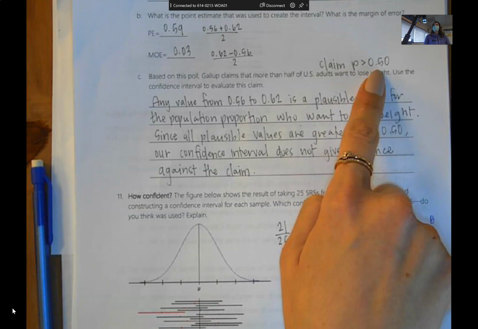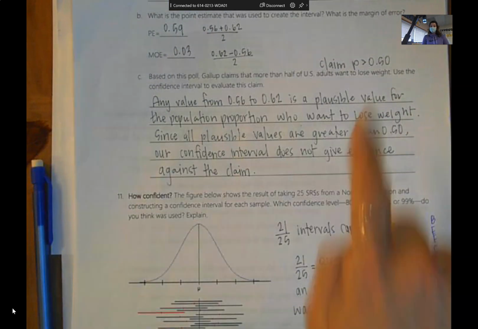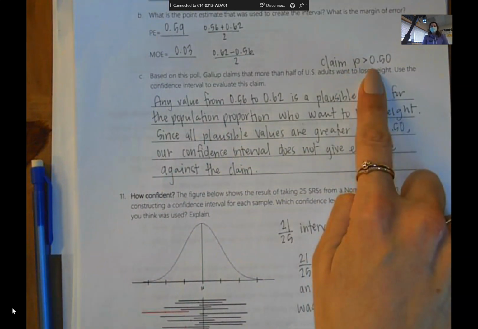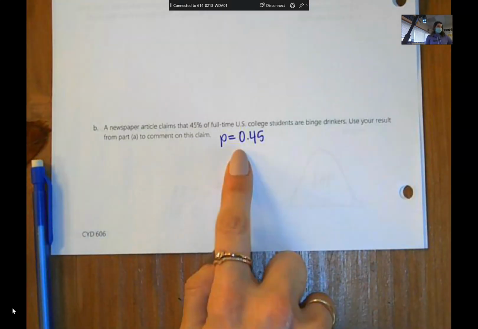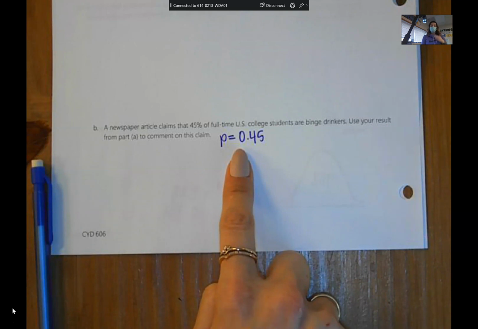Is it possible that more than half? So we are saying things like, well, all values in our interval are greater than 50. But the reason we're doing that is because it matches the claim. And here, the claim is just one value. So all you're addressing is, is it in the interval or is it not in the interval? We're kind of okay there?